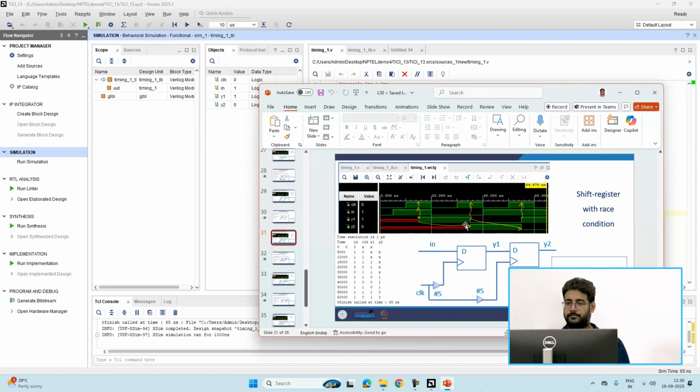Here, this y1 is equal to input with a delay of 5, and then this y1 is assigned.